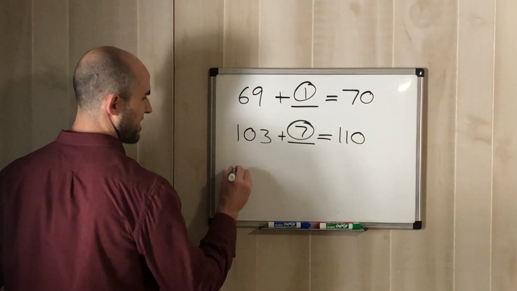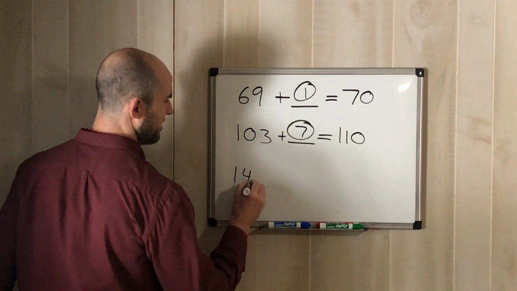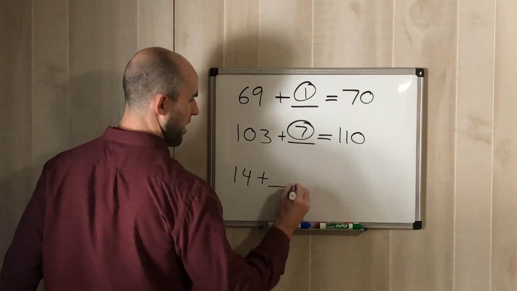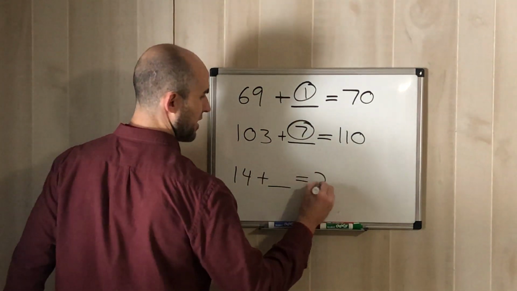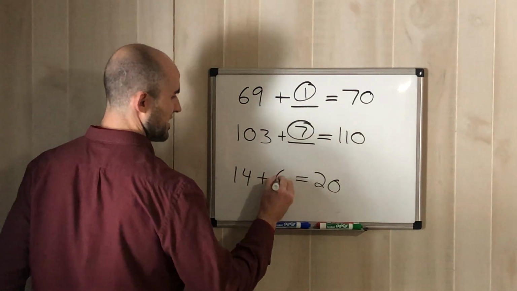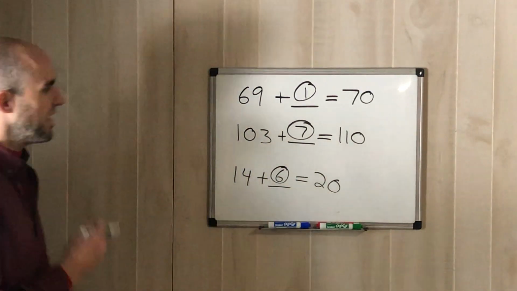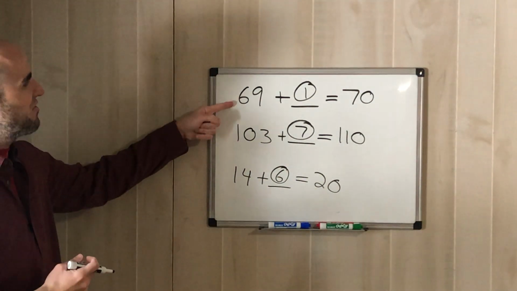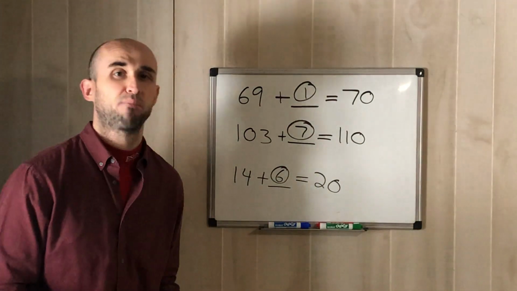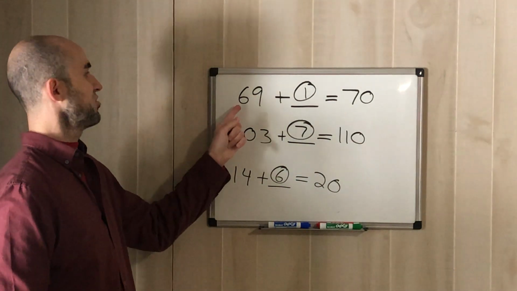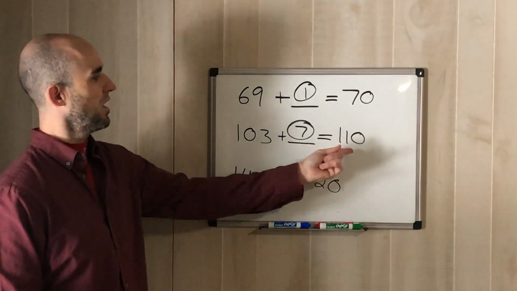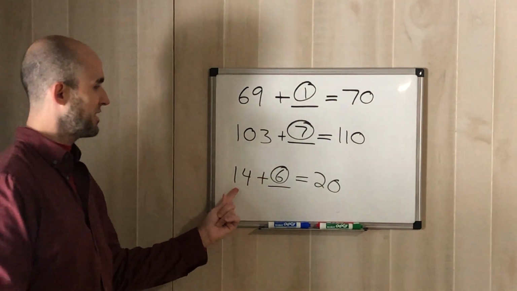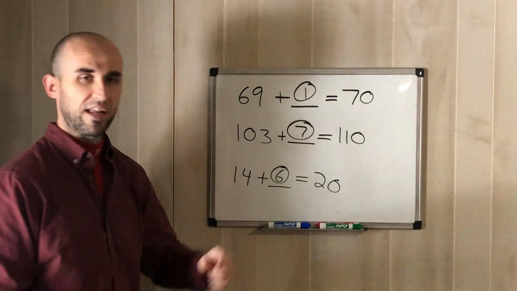If we had, let's say, 14, right, plus what number? After 14 comes 20. 14 plus 6, we know, would give us 20. So always remember, whenever you have the sum, it's the next tens place that comes next, right? After 60s comes 70, right? After 100 comes 110. After 14 comes 20, right?